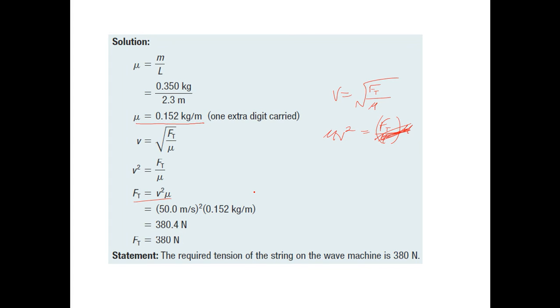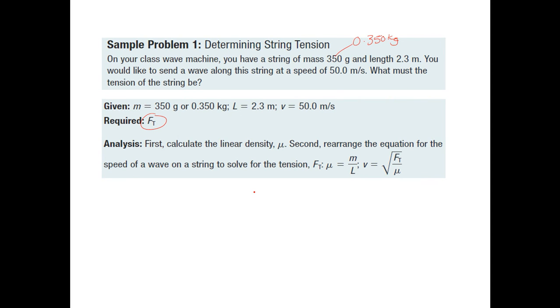Sure, like the U symbol, that was like the force of kinetic friction before. Yeah, it's the linear density. So just add these to your sheet. You should have them, but add them if you don't. Why is it the same symbol?